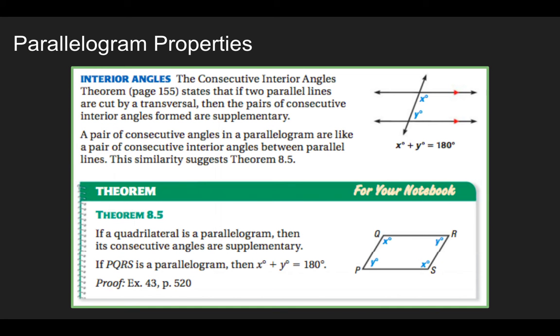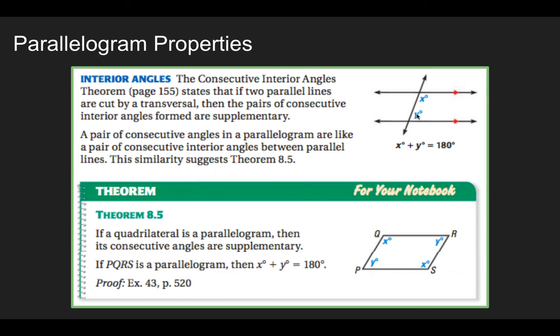Another property of a parallelogram is that your consecutive angles will be supplementary. If you remember back to when you were looking at two parallel lines cut by a transversal, we call those consecutive interior angles, or same side interior angles.